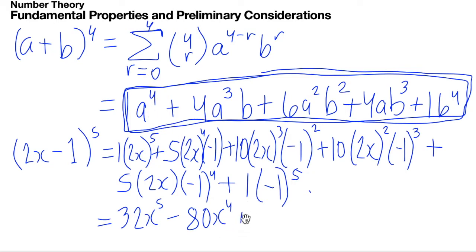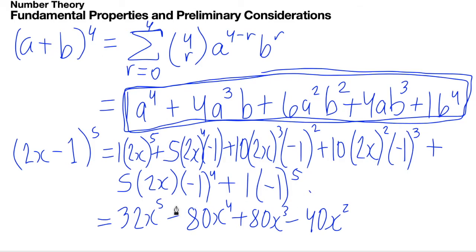Next, plus 2 raised to 3 is 8. 8 times 10 is 80 still x cubed. And then -1 squared is positive, so we don't need to change the sign anymore. Plus 2 raised to 2 is 4 times 10, that's 40x squared. And we have -1 raised to 3, so that will become negative.